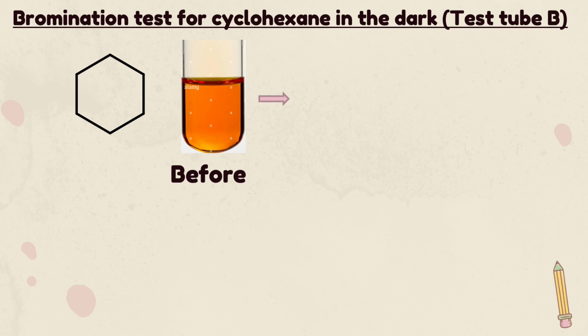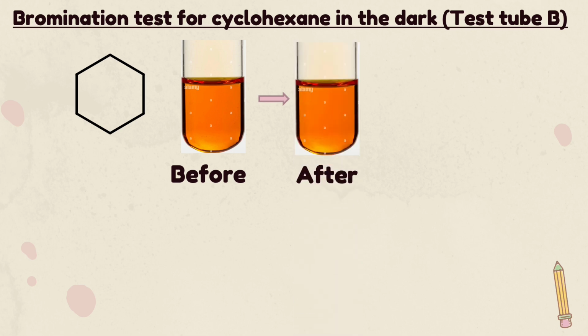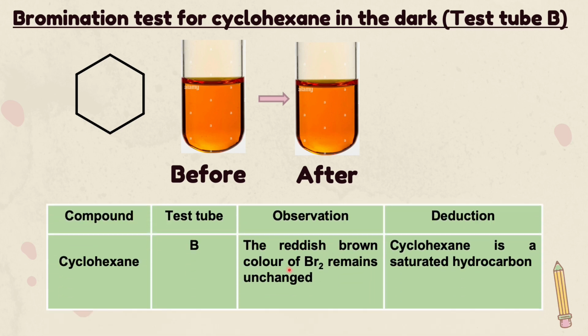So what I observe after 10 minutes is that the color of the bromine remains unchanged. So the observation is that the reddish brown color of bromine remains unchanged. Your observation must be detailed: the color, the color changes, whose color changes? Because for this cyclohexane, the color change is all to colorless. The deduction I can make is that cyclohexane is a saturated hydrocarbon.